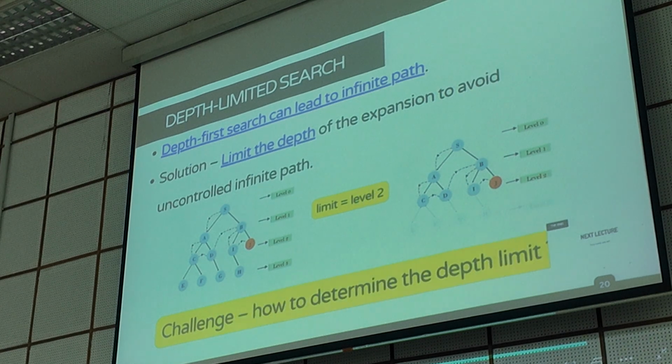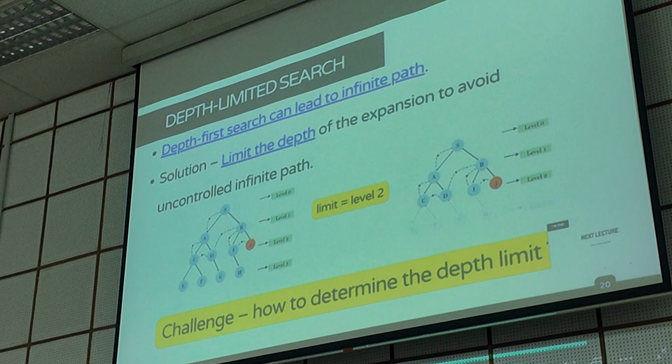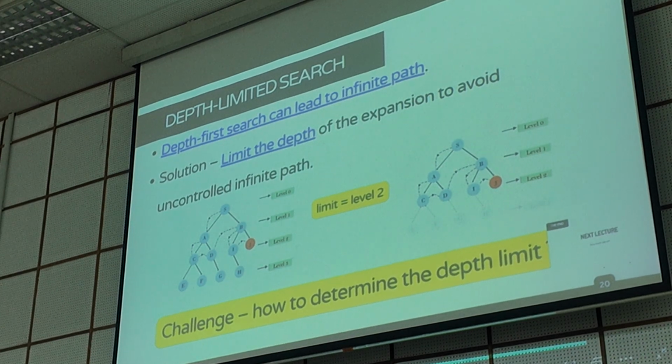Okay, so a few more slides before we end it. So this is another variation of the depth-first search. There's one problem with depth-first search here. Okay, imagine you have a very big space. Remember depth-first search will search only one path.